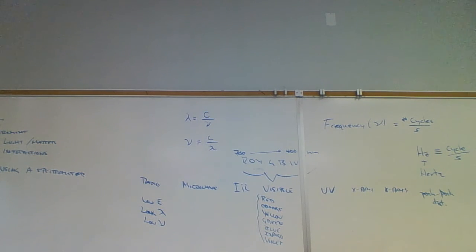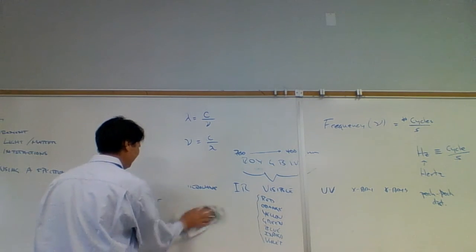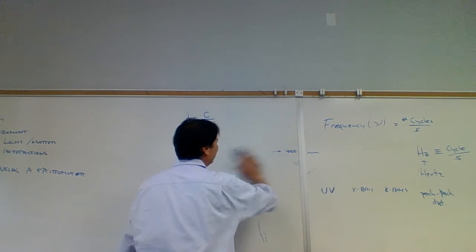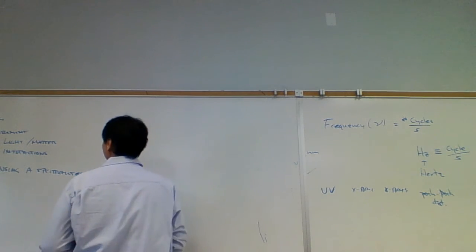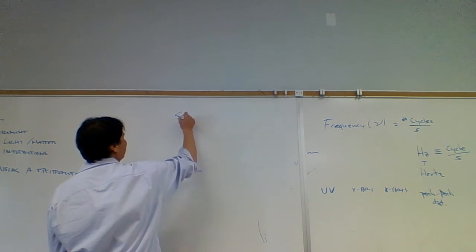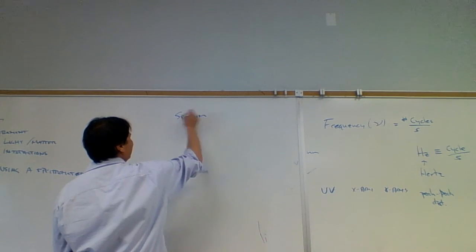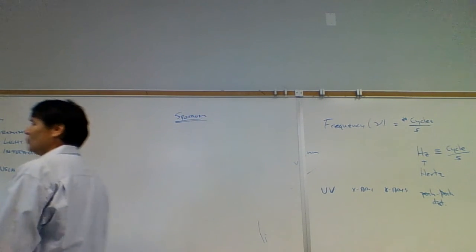So let's look at some of these measurements. These measurements are going to result in something called a spectrum. You know, I'm deviating from the book a little bit in the order of presentation.